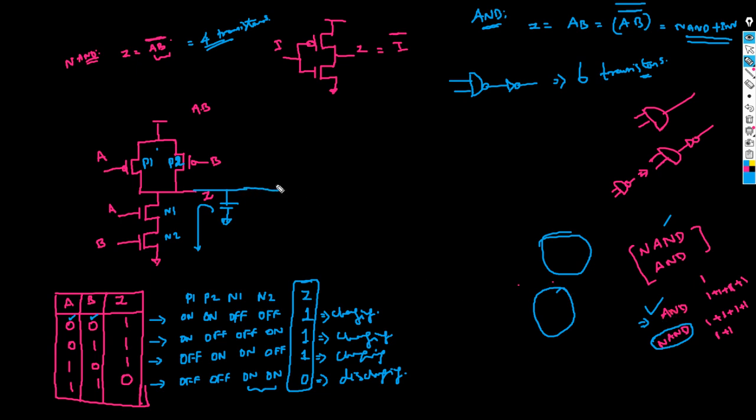So this is your NAND. Now if you want to convert that NAND into an AND gate, what should you do? This is going to be your Z, which is AB, and this Z is AB whole bar. Clear? So this is how you draw the circuit for a given Boolean equation.